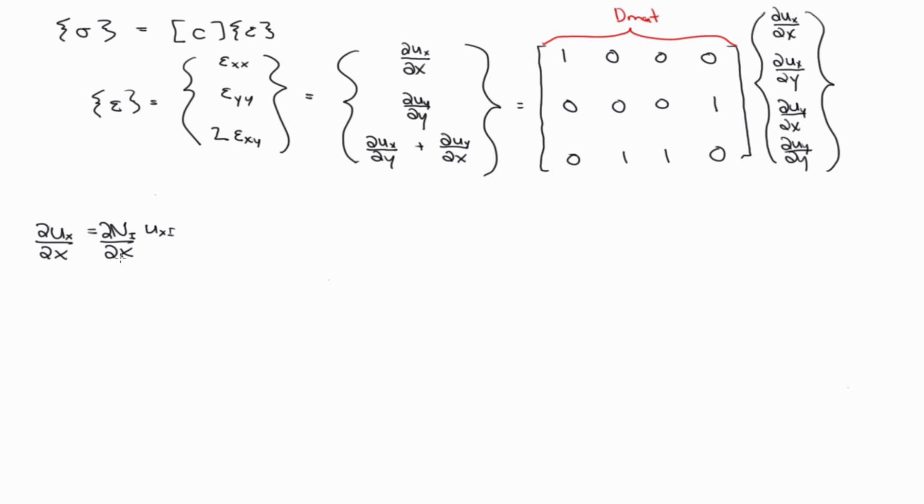Right. Now, the way we write our shape functions is on a parent element. So the shape functions are written in terms of xi and eta, right?